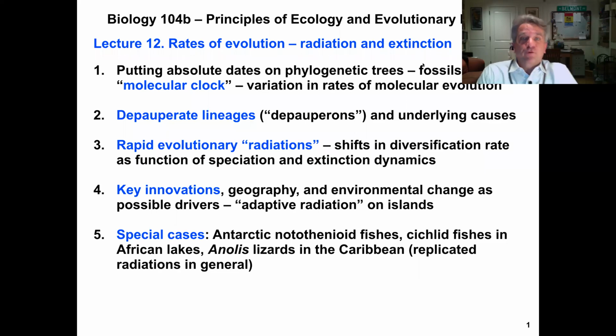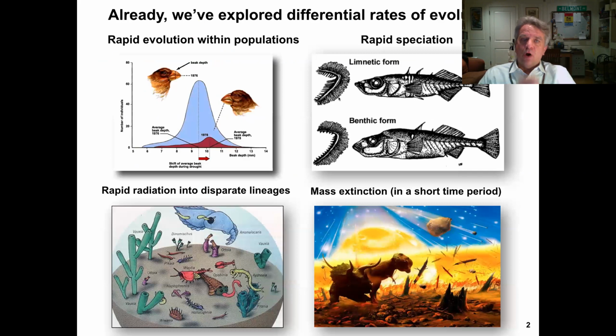Hello, Bio 104 students. In this lecture, we're going to be covering evolutionary radiations, looking at rates of evolution, rapid radiations, and drivers of extinction. Now, already in this class, we have, in several instances, touched upon lineages that are exhibiting differential rates of evolution.